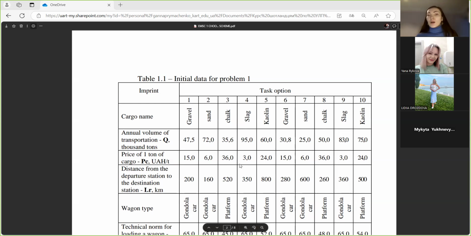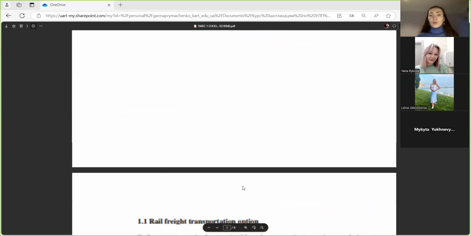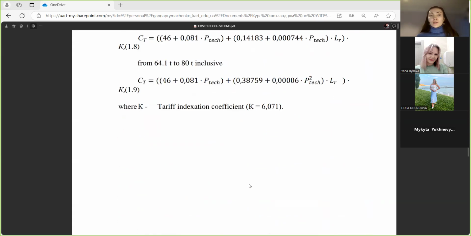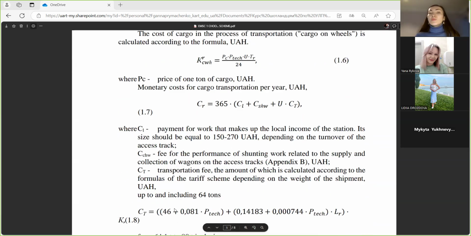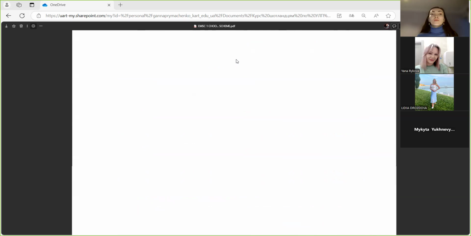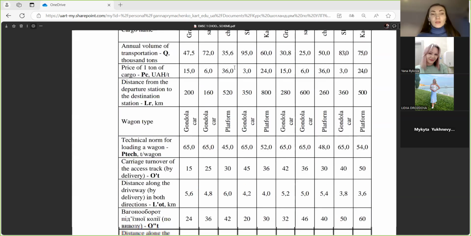Okay, and come back to our formula 1.6. The next parameter in our formula is P with index stage. We already used it. Maybe come back to our table 1.1 and you could see what this parameter is for your variant.